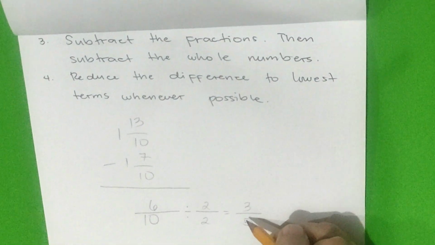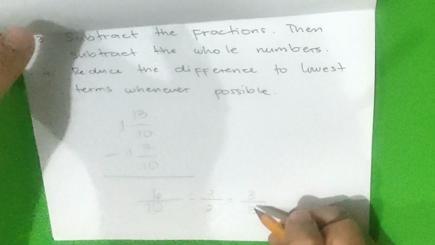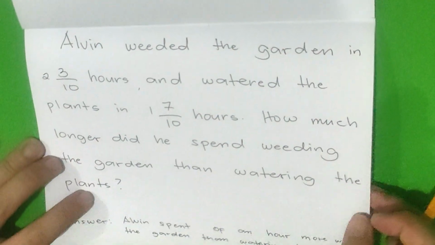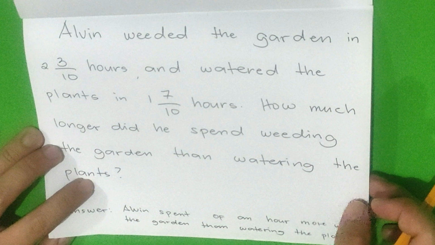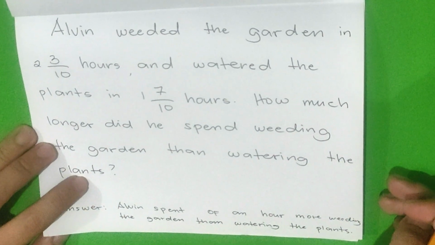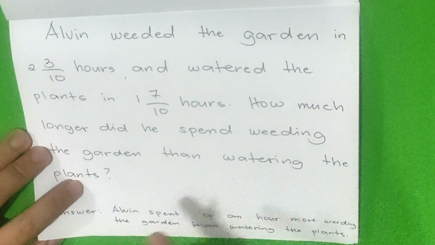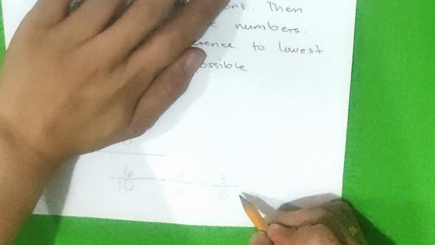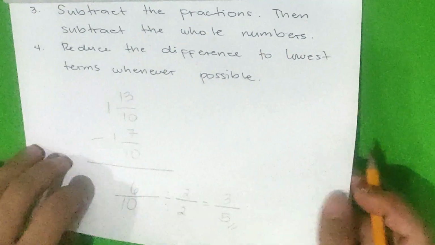So the final answer for this problem is 3/5. So Alvin spent 3/5 of an hour more weeding the garden than watering the plants.